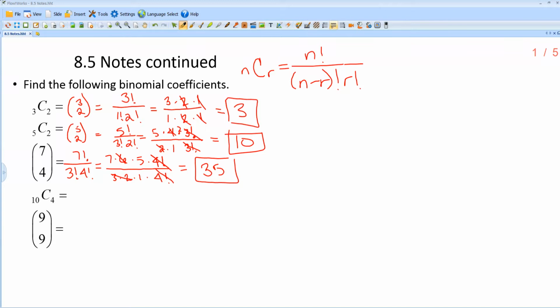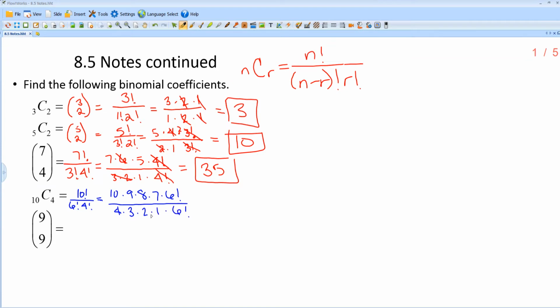10 choose 4, so I have 10 factorial over the difference of these, 6 factorial, times r factorial, 4 factorial. R being 4 means I'm talking about the 5th term. So we're going to have 10 times 9 times 8 times 7 times 6 factorial over 4 times 3 times 2 times 1 times 6 factorial.